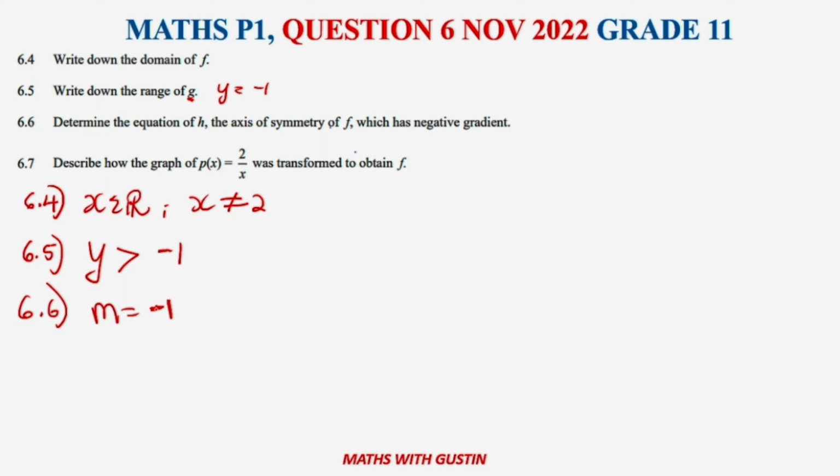Whenever, guys, they say negative gradient, you're going to have a gradient of -1. Let's say, for example, the question says a positive gradient. So if the question said positive gradient, you are going to have m is equal to 1. So this would be your positive gradient, guys.